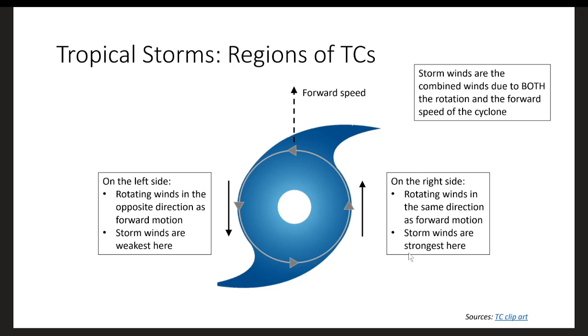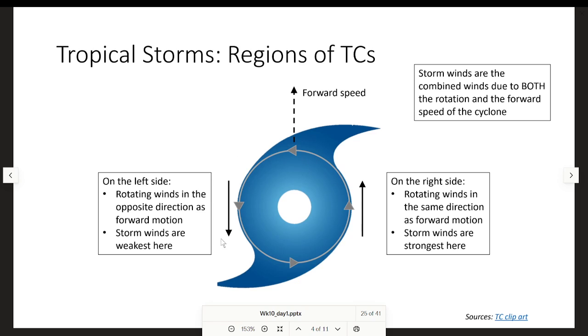If you think about it, when the storm is rotating, especially when it starts to go over land, on the right, it's pulling in all this water. It's pulling it north. And it has increased motion from the forward speed, so these combine. On the left, or the west side of the storm, the winds are rotating the opposite direction than the forward speed, so you subtract the forward speed from the wind speed.